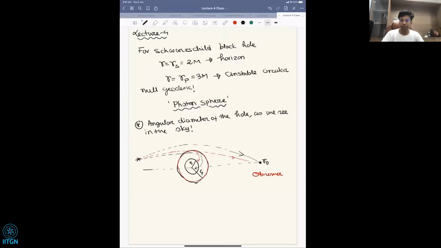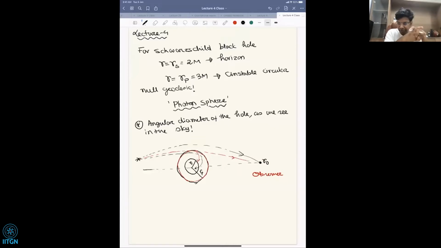Okay. The derivation I am telling you is by Synge, which he derived in 1966. I was initially thinking of doing it using the Hamilton-Jacobi equation, but it turns out that is sometimes difficult. There is a different, alternative way of understanding the shape of the black hole in the sky.